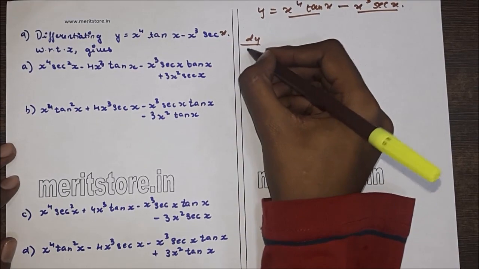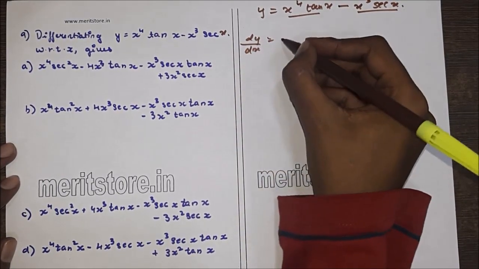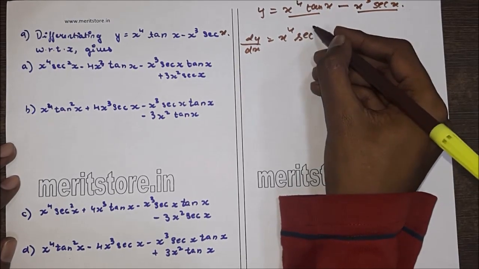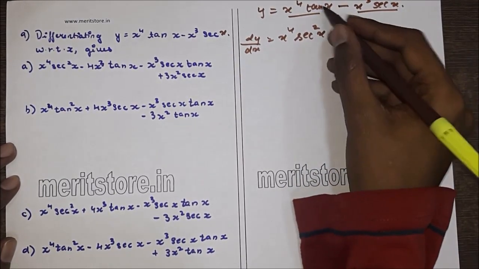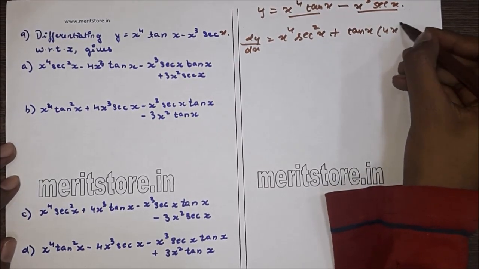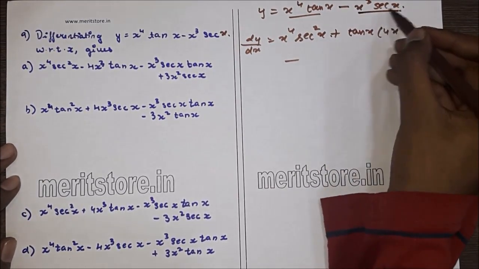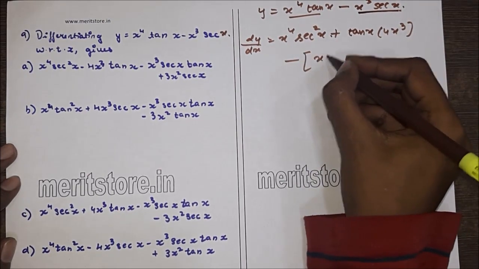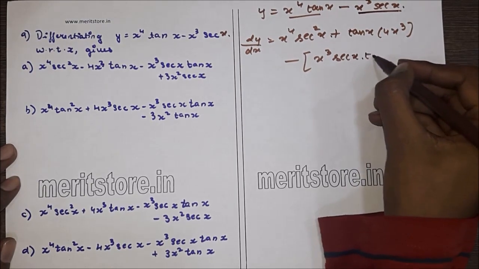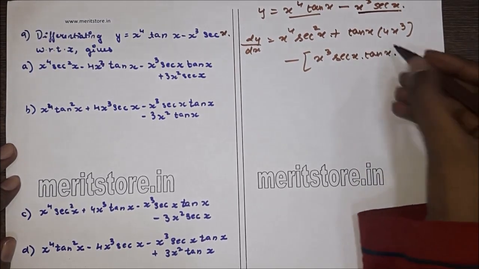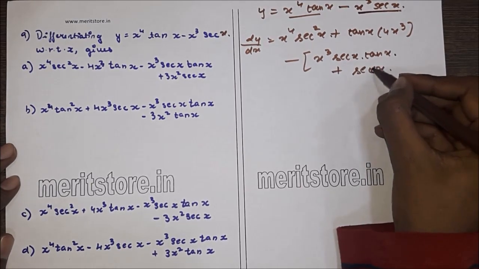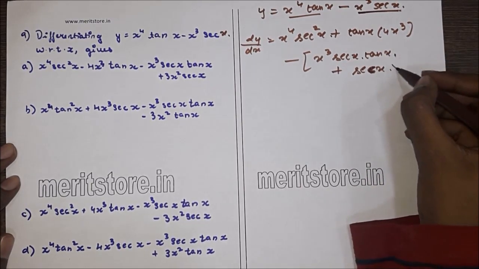So we get dy by dx is u into derivative of v, derivative of tan x is sec square x, plus v into derivative of u, that is tan x into derivative of x raised to 4 is 4x cube, minus we use it again for the second term, we get x cube, derivative of sec x is sec x tan x, plus v derivative of u, that is 3 times x square.